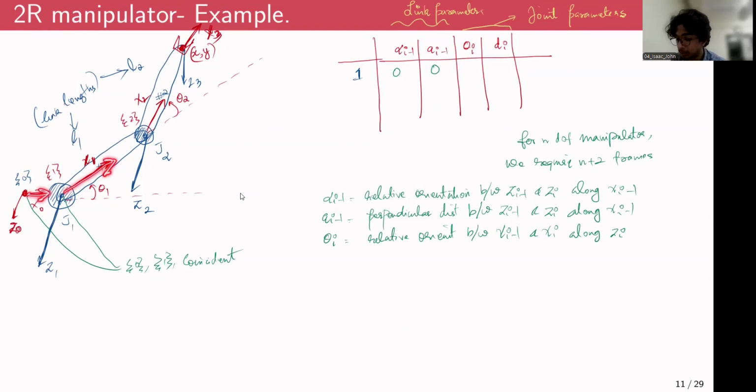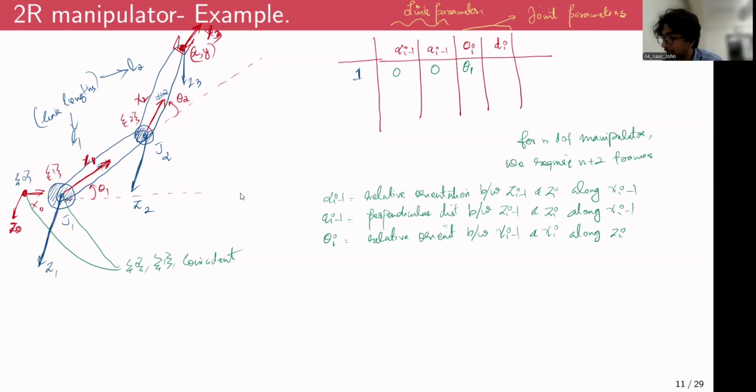The relative orientation between x0 and x1 is theta 1, measured along z1. If you rotate x0 by theta 1, x0 and x1 will be parallel. So theta for the first transformation is going to be theta 1.